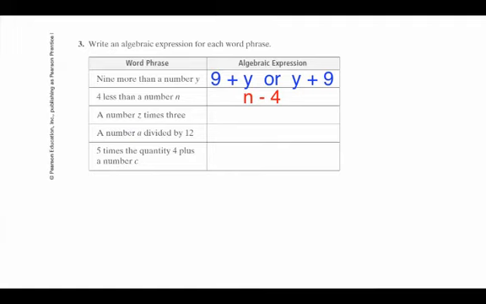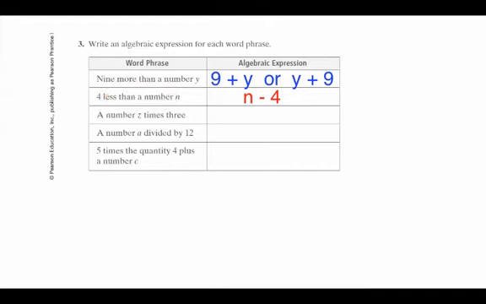To get that answer numerically, or using subtraction, we would have taken 10 minus 4, not 4 minus 10. So when you see the phrase less than, you know you're going to subtract. We're actually going to put whatever's in front of the less than after whatever is after the less than. So 4 less than a number n is n minus 4.